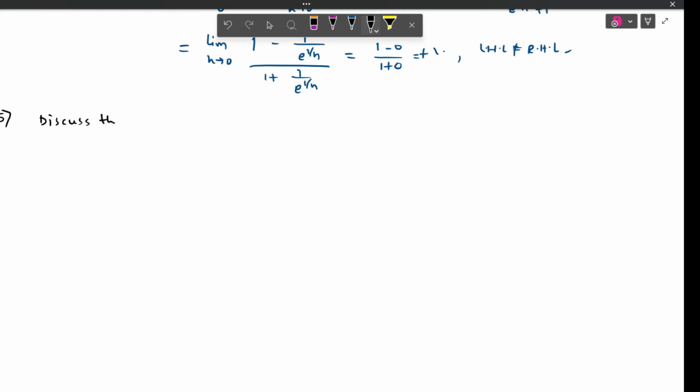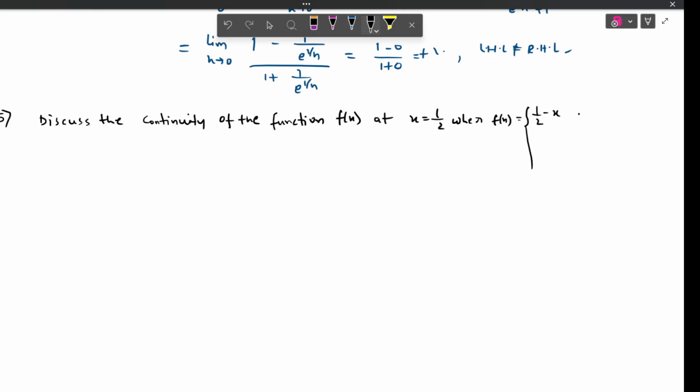Discuss the continuity of the function f of x at x equals to half, where f of x is equal to half minus x when 0 is less than or equal to x less than half, and it would be 1 when x equals to half, and it would be 3 by 2 minus x when half is less than x less than or equal to 1.